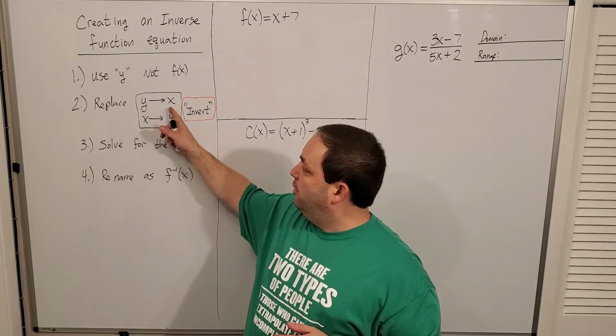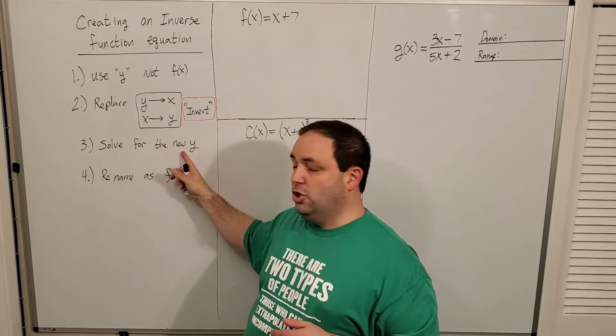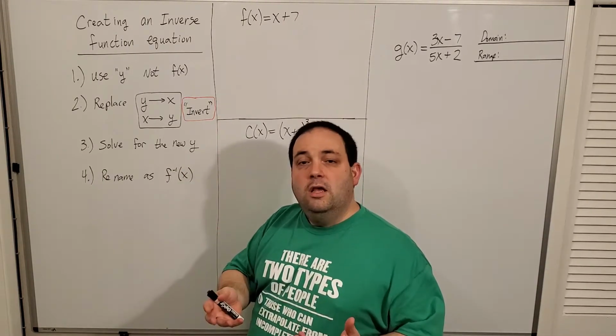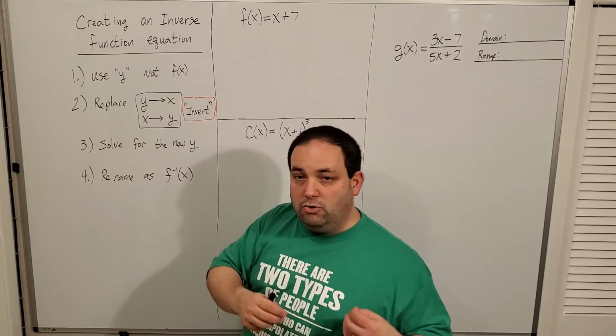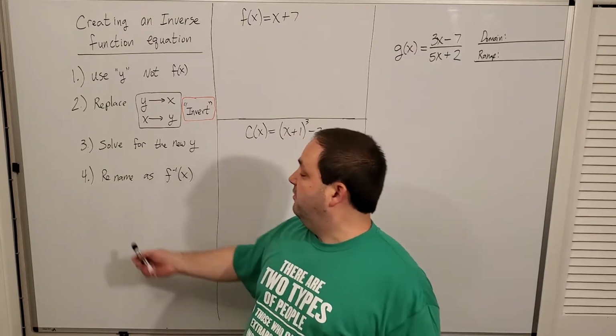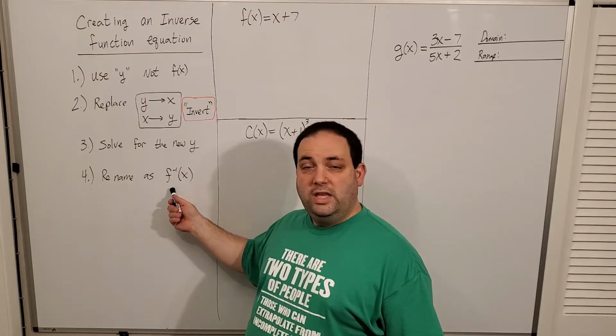So after you invert y's with x's and x's with y's, you solve for the new y, get that y by itself, and you have then finished forming the actual equation of the inverse function, if it does actually exist as a function. And so then at that point, you would rename the y with the inverse notation.